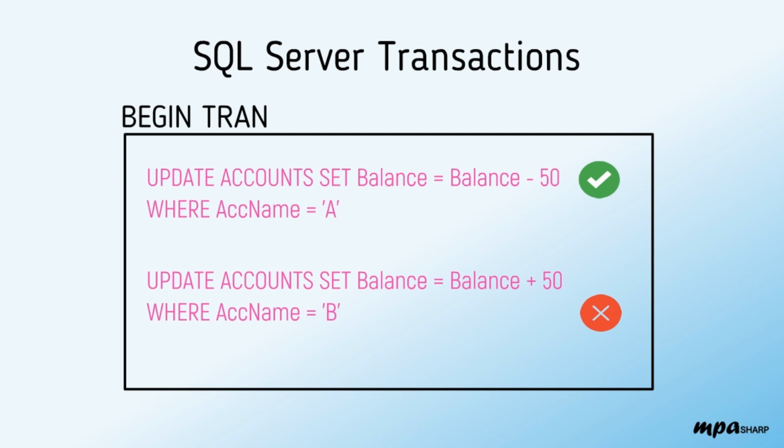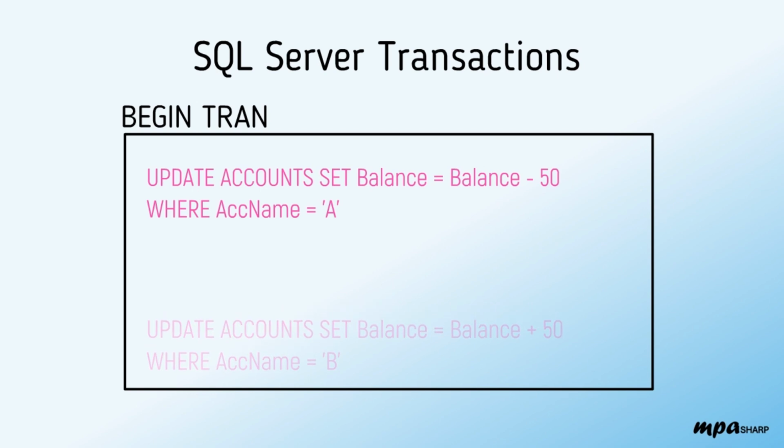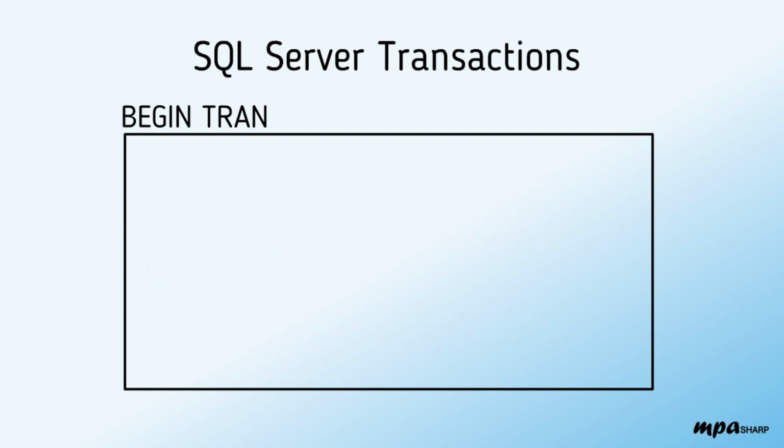So we tell SQL Server to roll back the transaction, which causes SQL Server to go in the reverse order and undo its changes step by step. This keeps the database in a consistent state with data integrity protected. That's how transactions work in SQL Server.